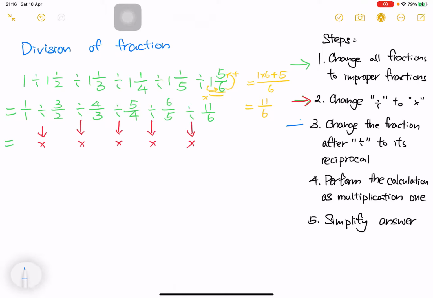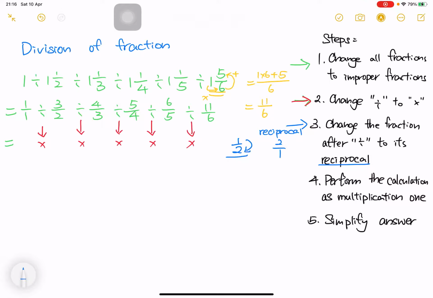So what does it mean? What does it mean by its reciprocal? The reciprocal of a number is you have to change the place of the denominator and the numerator. Like if the question is 1 over 2, the reciprocal of 1 over 2 is 2 over 1.